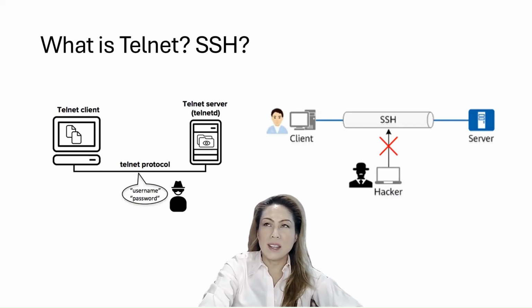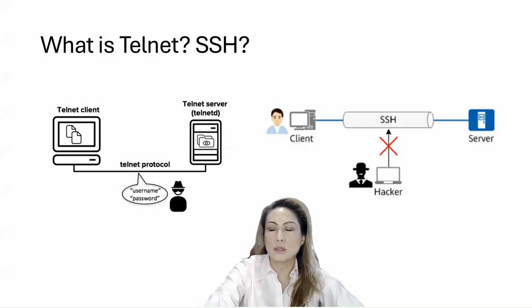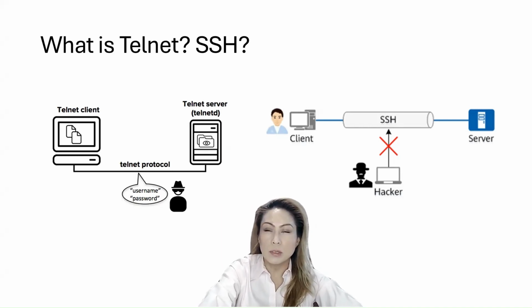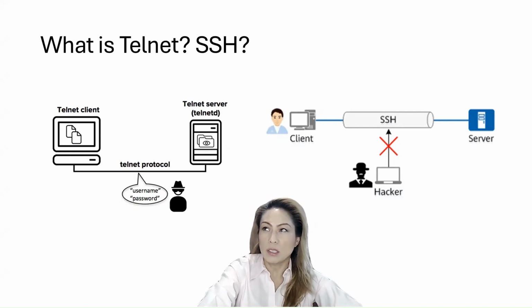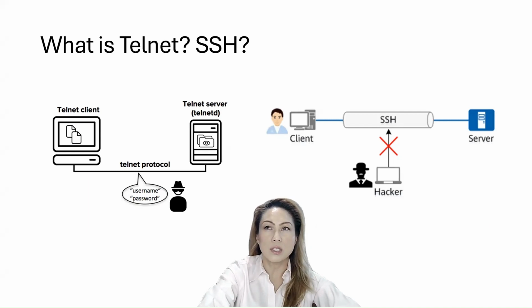What is Telnet and SSH? Well, Telnet is an older client-based protocol that uses TCP/IP networks on port 23. It allows a user on one computer to log on to another computer in the same network, and it's considered to be evil because it transmits data in clear text. So anyone can see what you're sending and receiving, so it's really not secure.